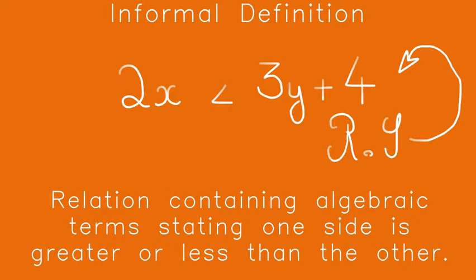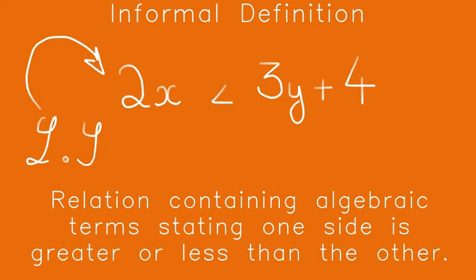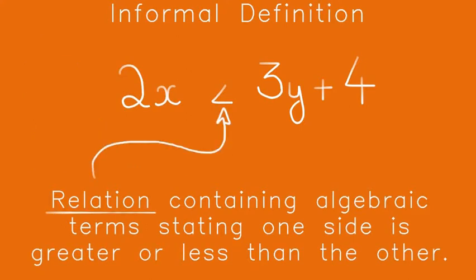Whatever is on the left is called the left side, and the boundary is always going to be the symbol. You can call that the relation, because it is establishing a relationship between the left hand side and the right hand side.